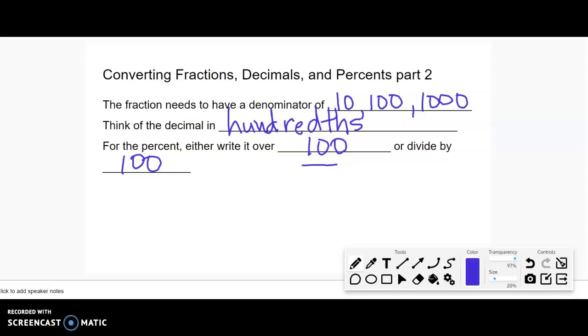If we want to write it as a decimal, we either divide by 100 or just think of it in terms of hundredths. All right? Because remember, decimal is either in tenths, hundredths, thousandths, whatnot. Percent is essentially out of 100, so it's like hundredths, just telling me how many hundredths I have.